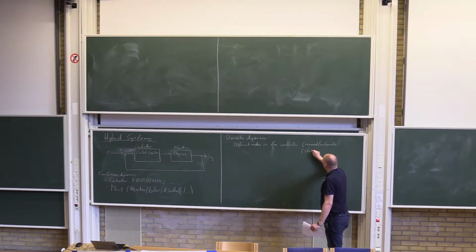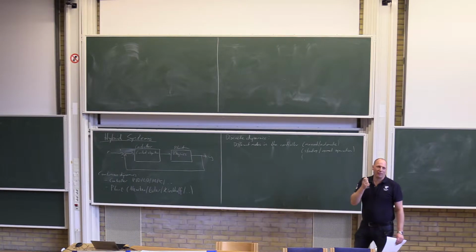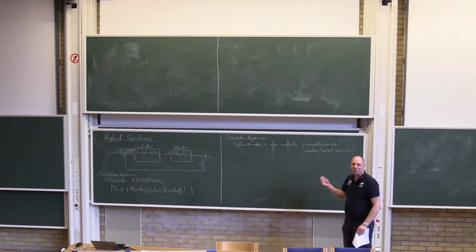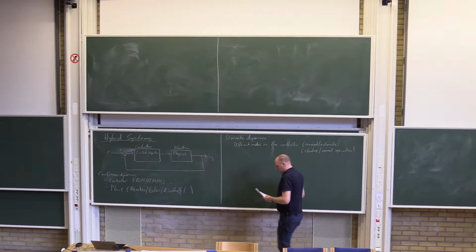So startup, normal operation, and we can then also have other types of modes. We can have economy mode, sport mode, for example, if we are designing a cruise controller for a car or something like that, right?